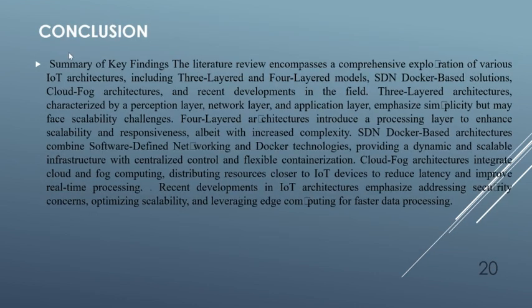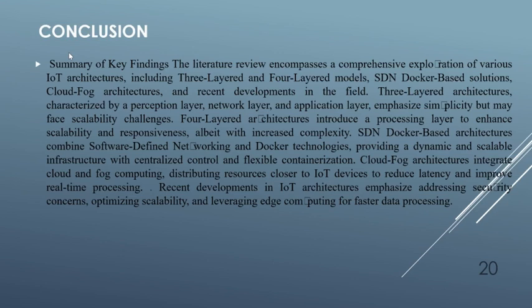The literature review encompasses a comprehensive exploration of various IoT architectures, including three-layer and four-layer models, SDN Docker-based solutions, cloud-fog architectures, and recent developments in the field. Three-layer architecture, characterized by a perception layer, network layer, and application layer, emphasizes simplicity but may face scalability challenges.